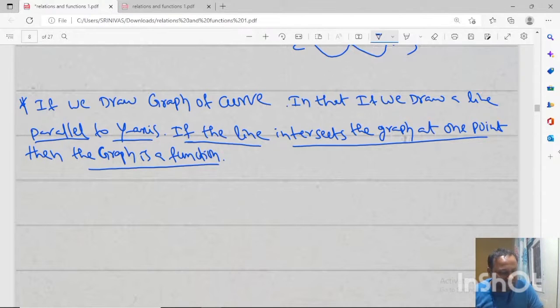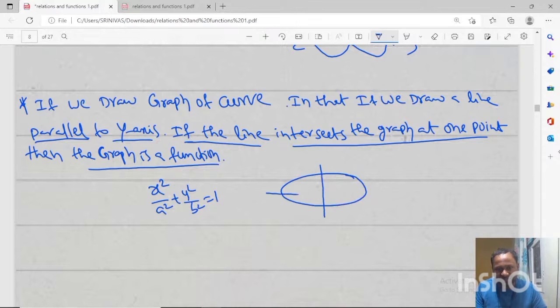Okay, it is a little bit different to understand, so I can explain by giving one example. Okay, what will be the example? Suppose I take x²/a² + y²/b² = 1. Is it a parabola or ellipse? Yes, it is an ellipse. So this is the form of an ellipse.